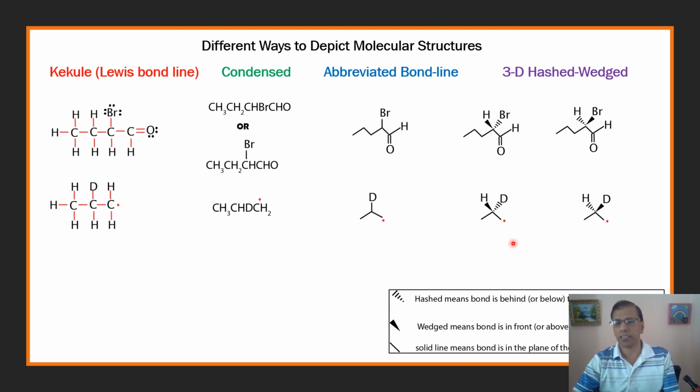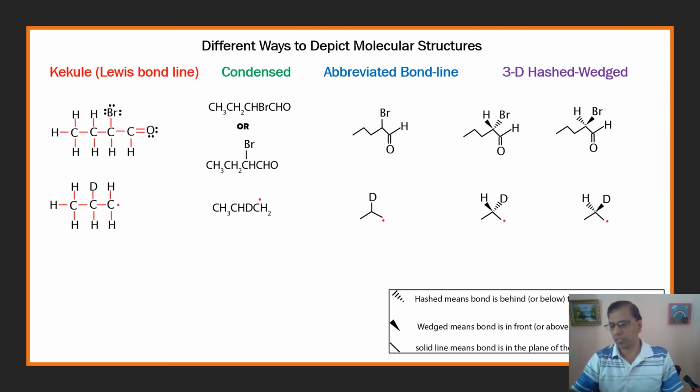And then you can also draw the 3D hashed and wedged structure, where you can show whether the deuterium is behind or in the front. So the deuterium can be towards you. In this case, it's towards you, and so this deuterium will be represented by a solid wedge line, whereas if it's away from you, then it will be represented by a hashed line.